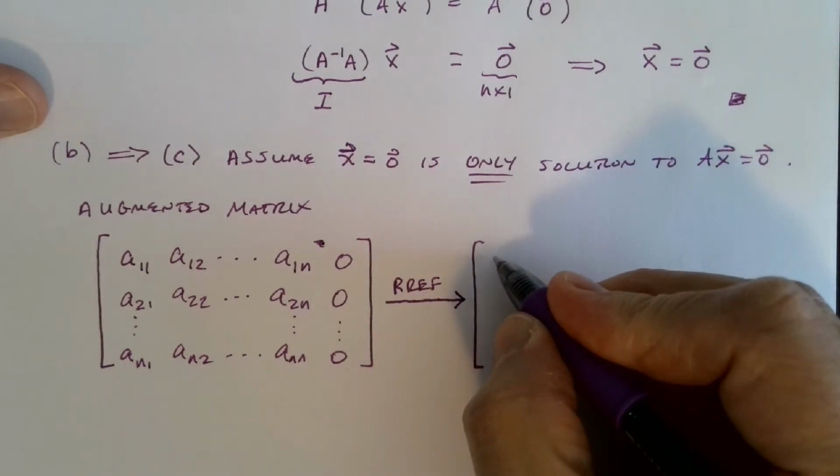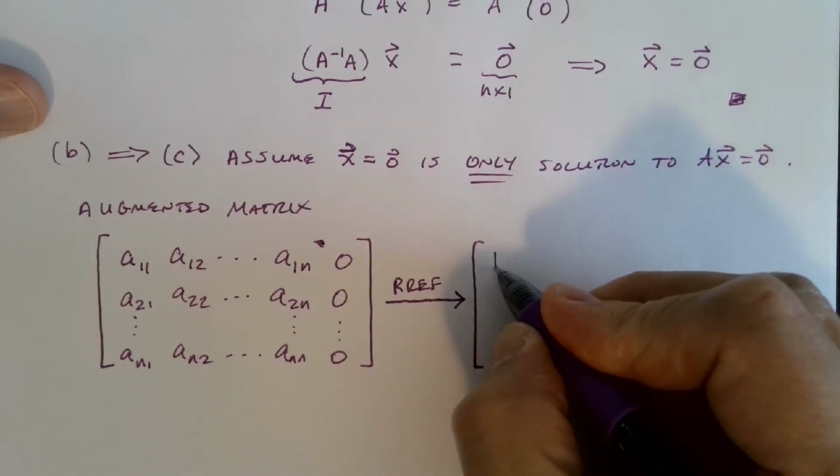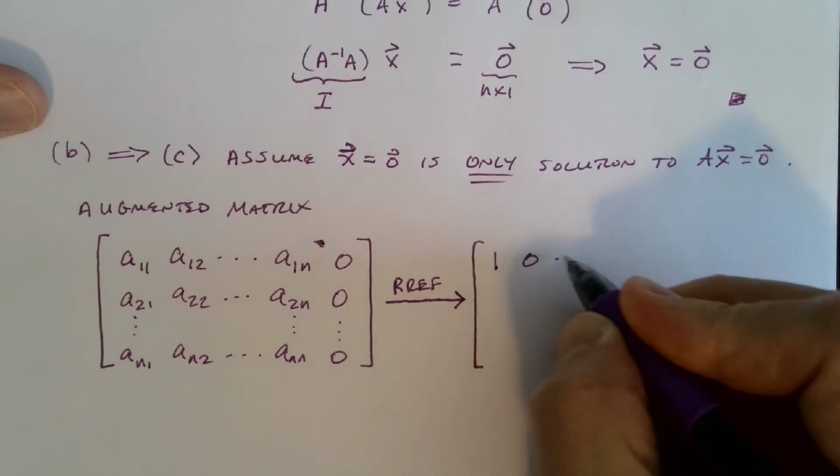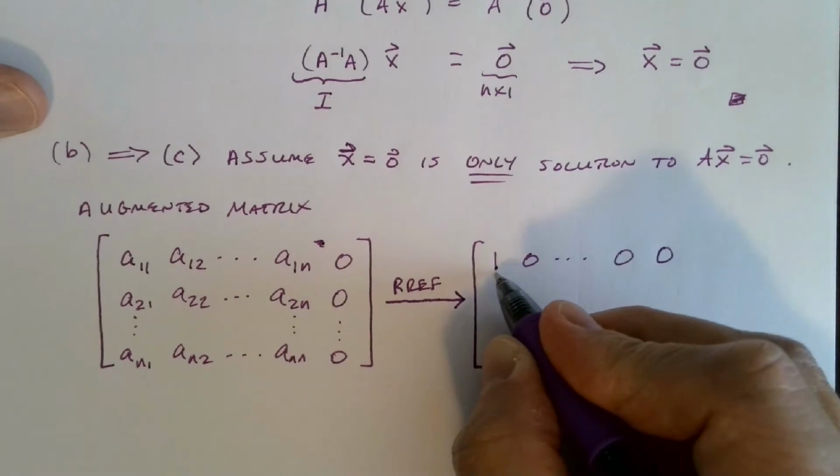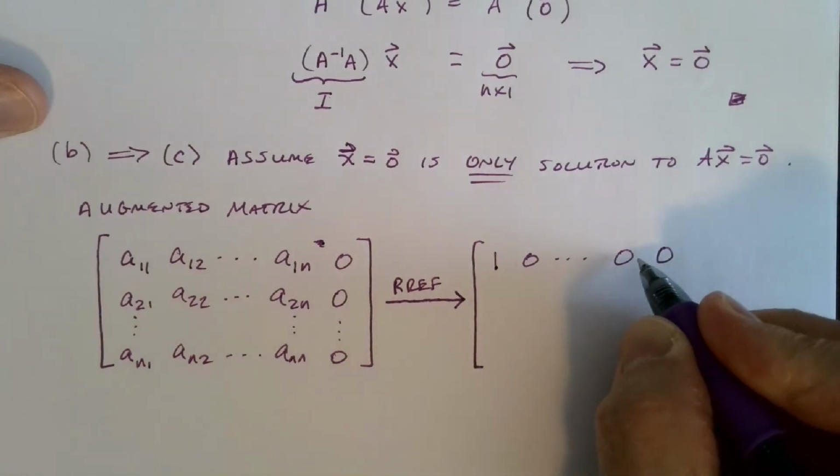Well, I would have to have a 1 for x sub 1, 0 x sub 2, all the way down to 0 x sub n equals what? Equals 0. This would say x sub 1 equals 0.